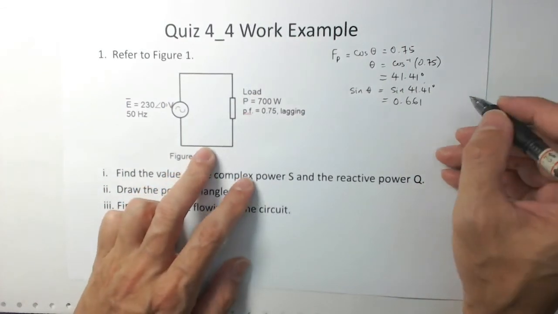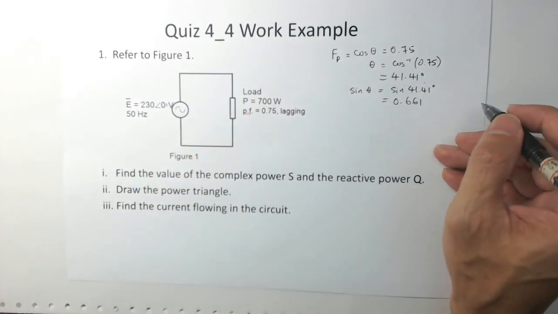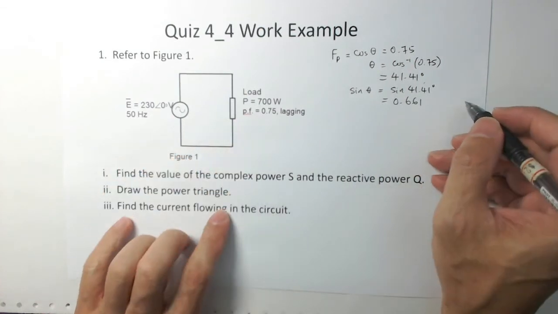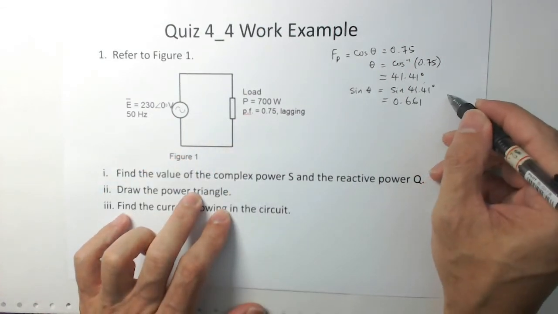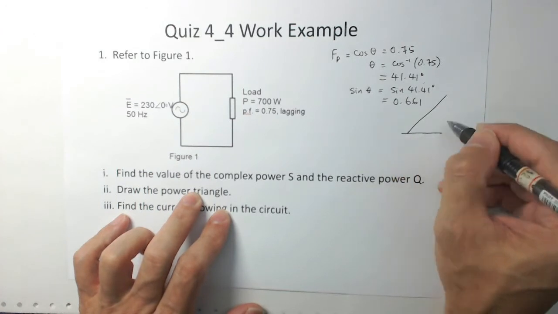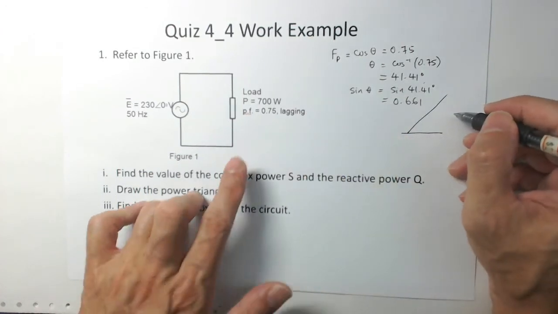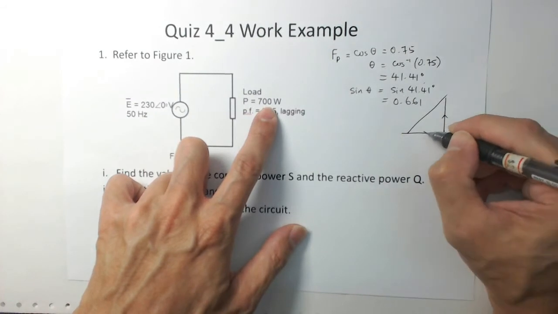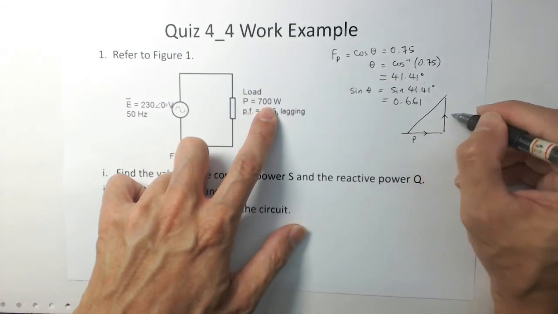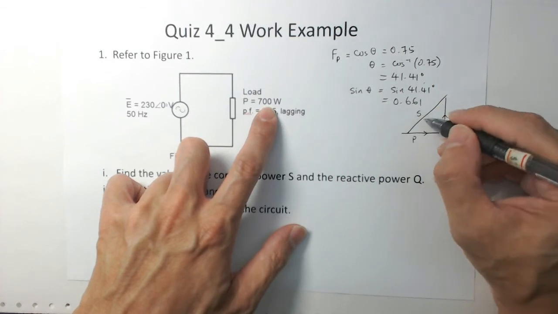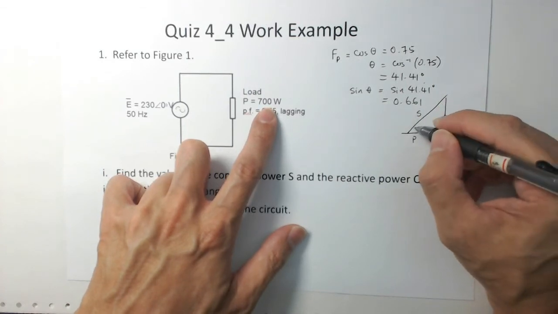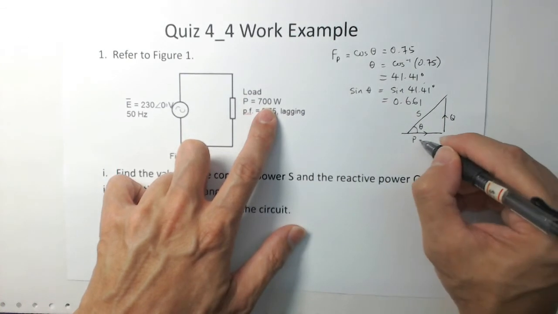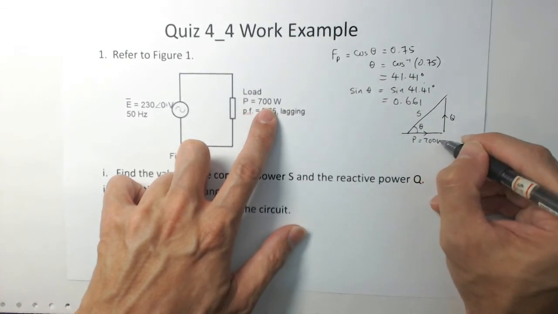Now, if I know the real power, I can roughly sketch out the power triangle. Since it's lagging, this implies that the load is inductive, so I draw the power triangle in this way: P, Q, and then the complex power or the apparent power. I know P is 700 watts.